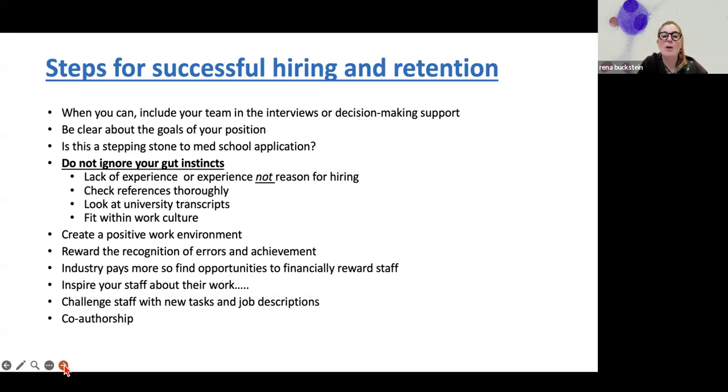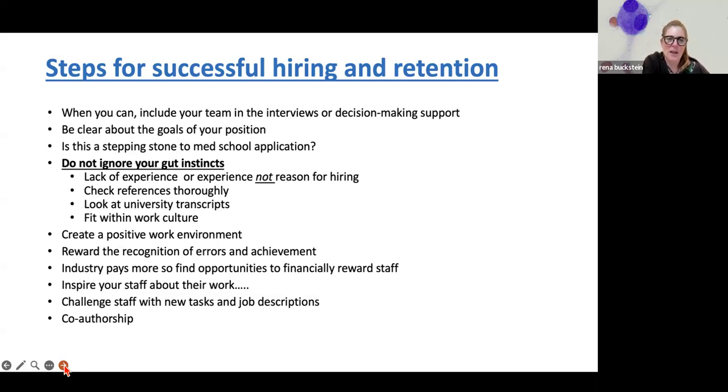And that might be fine. You may only need somebody for 1 year, and that's okay. This is going to benefit you and benefit them. It's going to be looking good on their CV. But understand that if you're hiring a Bachelor of Science person straight out of university, they may be doing this as a stepping stone. So keep that in mind, especially if you're hoping the person's going to stay 5 years and they may only stay 1 year or a year and a half.